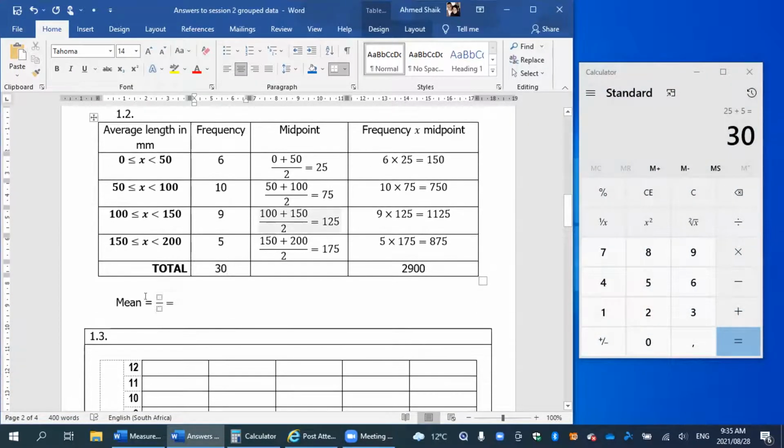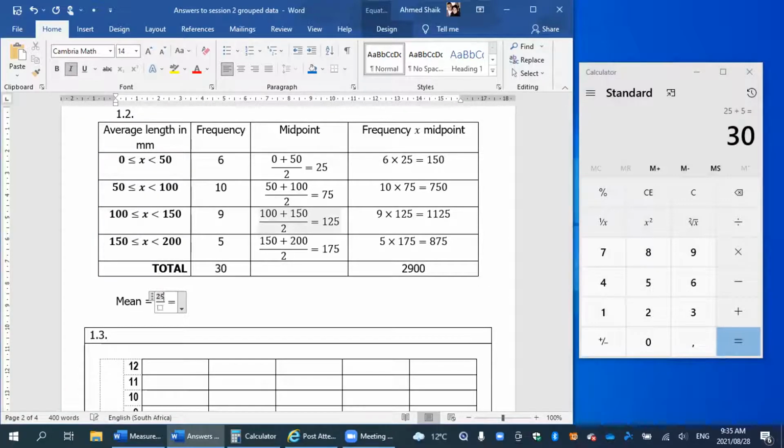Now to work out the estimated mean, it's going to be the total of your frequency times midpoint column, which is 2,900, divided by the number of data values, or in this case, the total of our frequency column, which is 30.